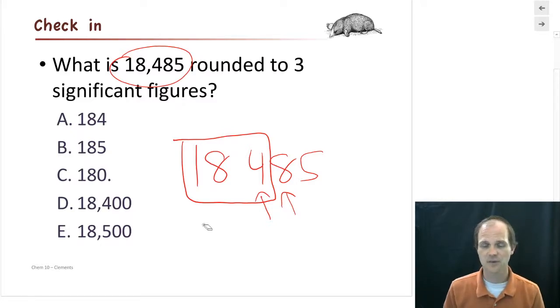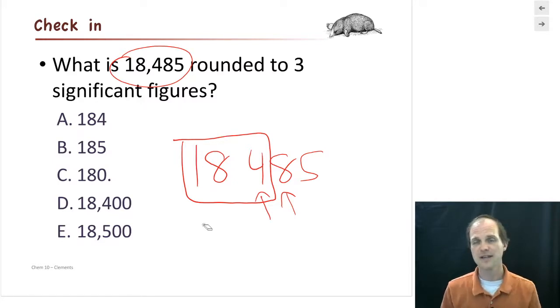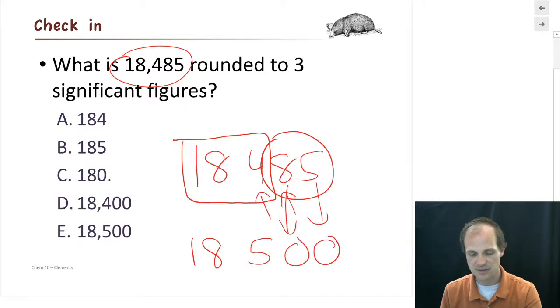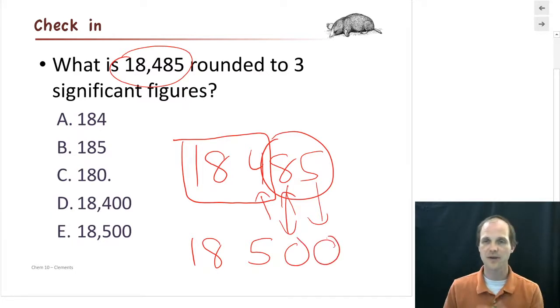But if you were rounded from 18,485, what would you think we would be rounded to? How about 18,500? You need those important zeros afterwards. They may not be significant, but they are important. When we've got these large numbers and we're rounding them, I round 185, and I also need to bring down my zeros to make sure that the number I round to is very close to the number I started with.